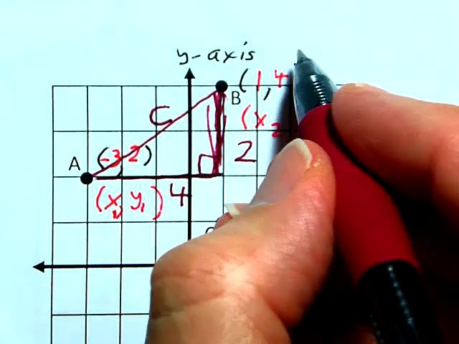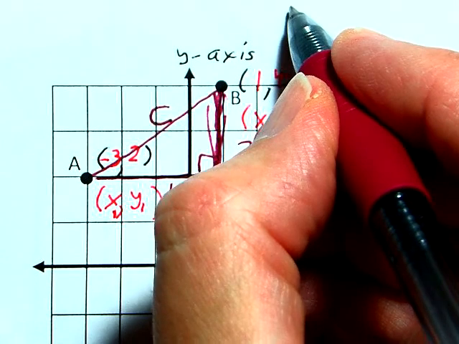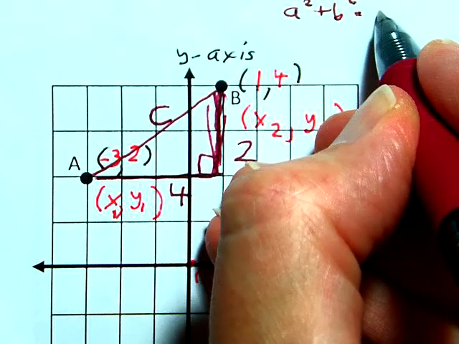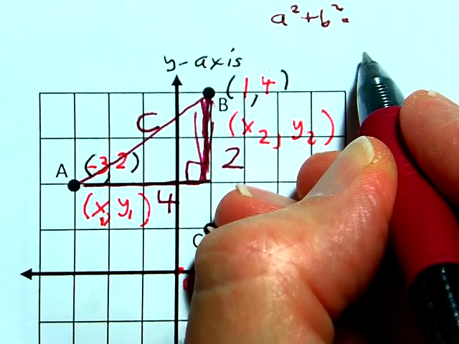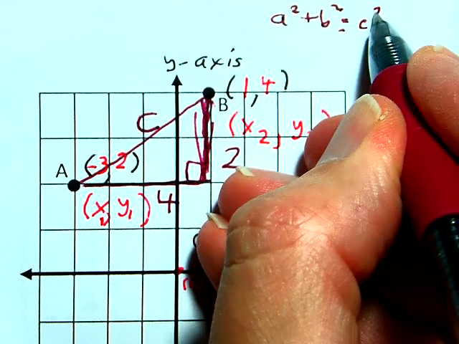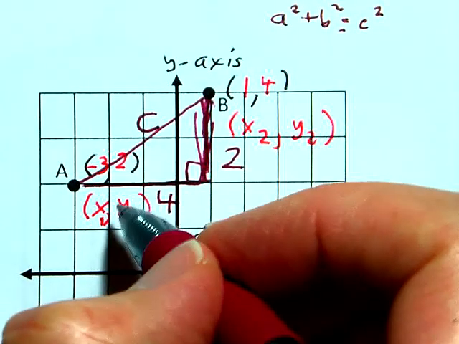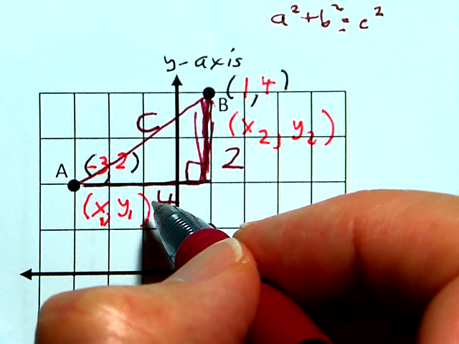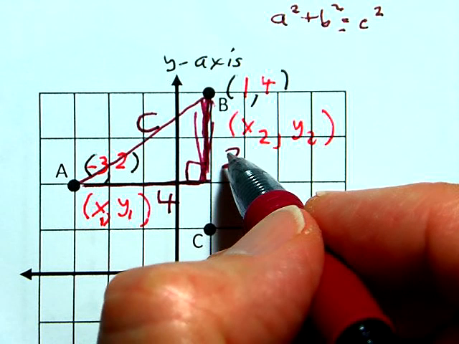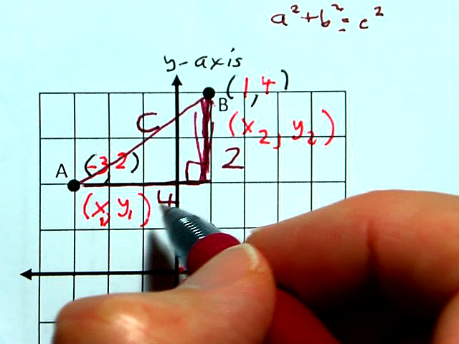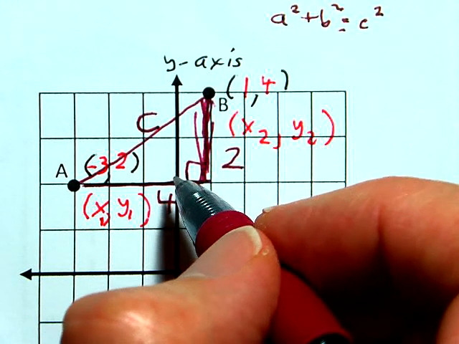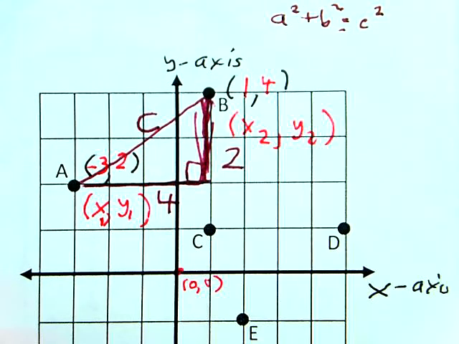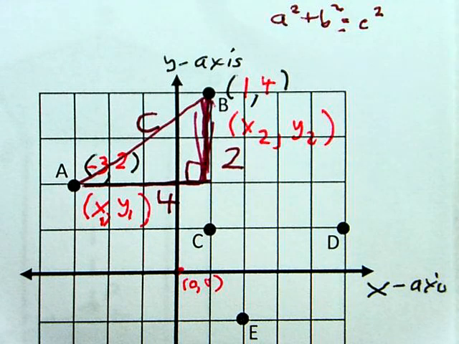Okay, so we're going to use our formula, A squared plus B squared equals C squared. And now we're going to just plug in our A. By the way, it doesn't make a difference if I call 2 A or 4 A, as long as one of them is A and one of them is B. The legs of the right triangle are always added together after they're squared.